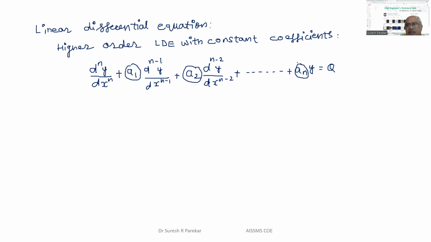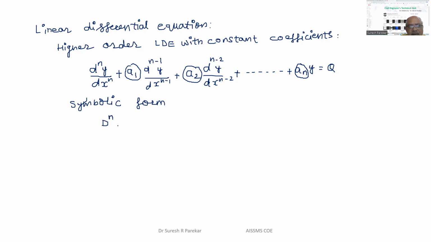So with constant coefficients. Now if we will write it in symbolic form, it can be written as, we will take y common.